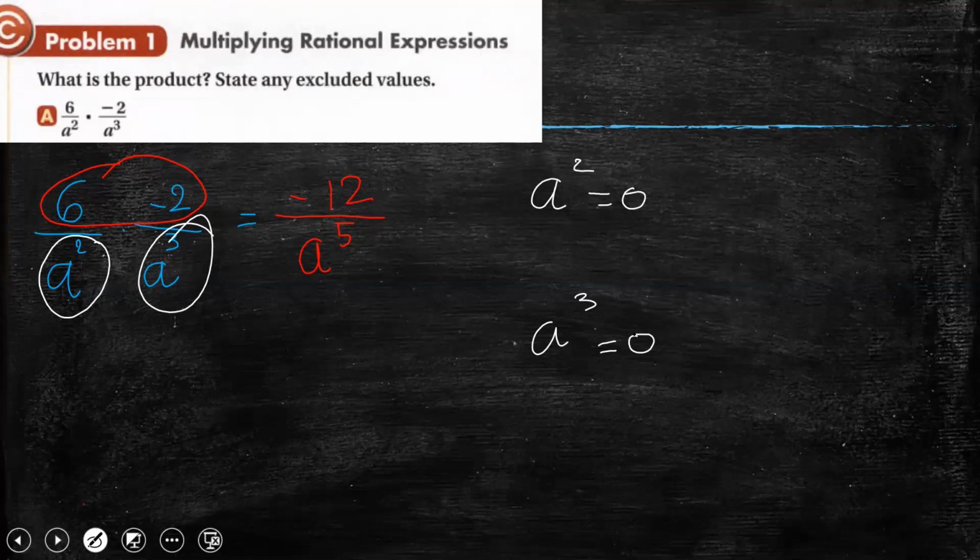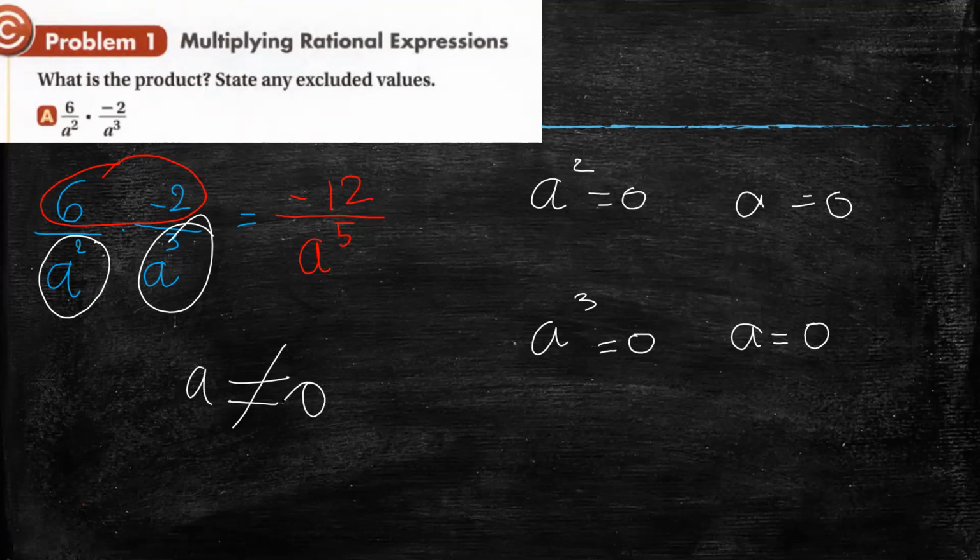For the first denominator, if a squared is 0, then a will be 0. And when a cubed is 0, a will also be 0. So the excluded value will be all the values except a equals 0.